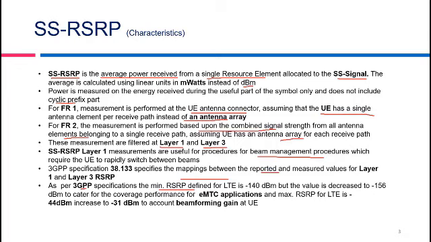But in later releases, this RSRP value was decreased to minus 156 dBm to cover the coverage performance required by machine type communication, or we can say IoT applications. The maximum RSRP defined for LTE was minus 44 dBm, which is also increased to minus 31 dBm to consider the beamforming gain at the UE side.